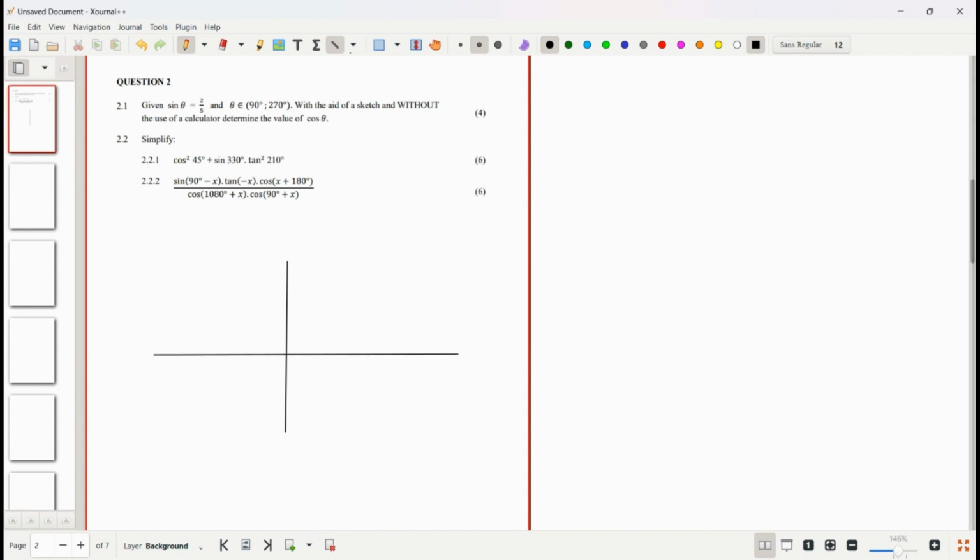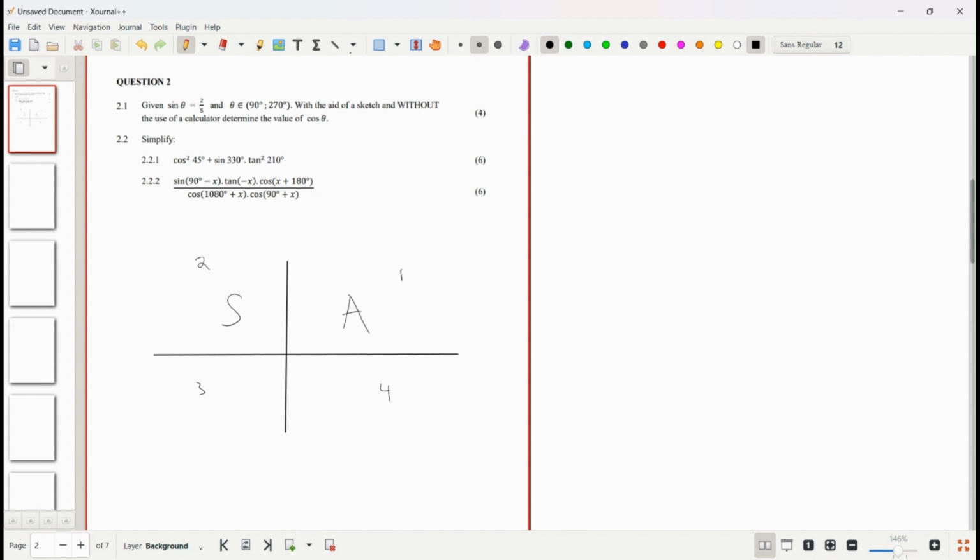So you know from your CAST, this is your first quadrant. This is your second quadrant. This is your third quadrant. This is your fourth quadrant, right? Here, all the trig functions are positive. Here, this is only S, which is sine.